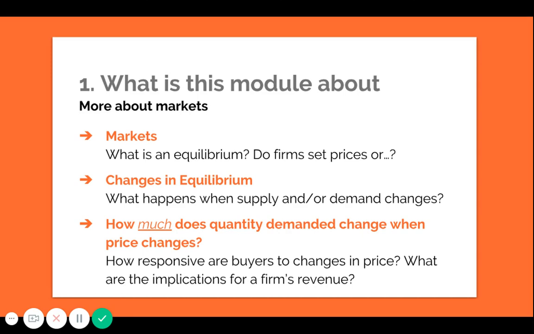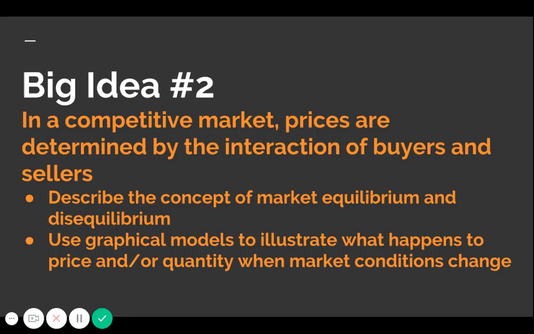How responsive are buyers to changes in price? And perhaps most importantly, what are the implications of that responsiveness for a firm's revenue? Should a firm increase its price or decrease its price if it wants to increase revenue? The answer to that will depend on whether consumers are very responsive or not very responsive to price changes.